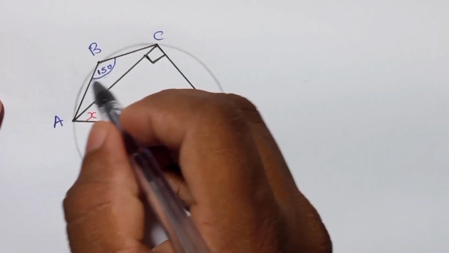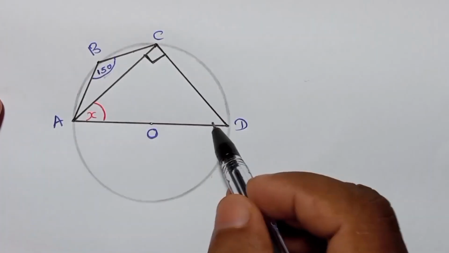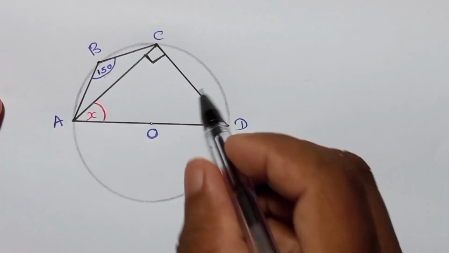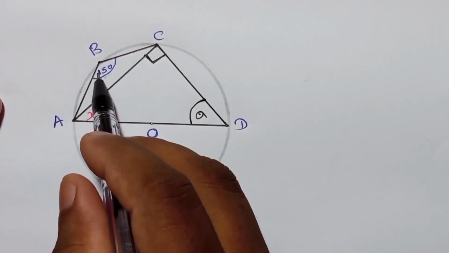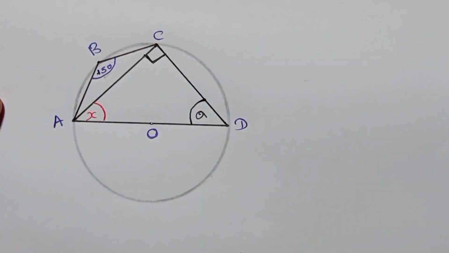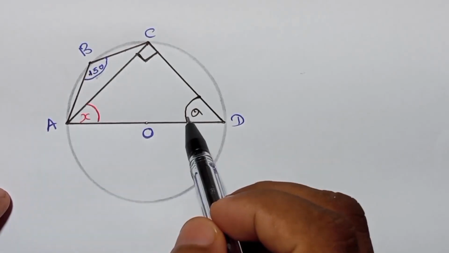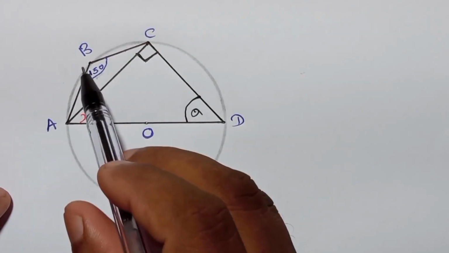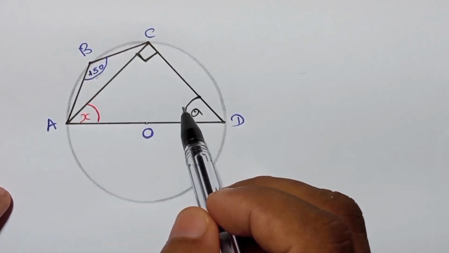How? We know in a cyclic quadrilateral, opposite angles are supplementary, right? This plus this should be 180. We learned that. Now if I mark here A, 150 plus A should be 180, because in a cyclic quadrilateral, opposite angles add up to 180.